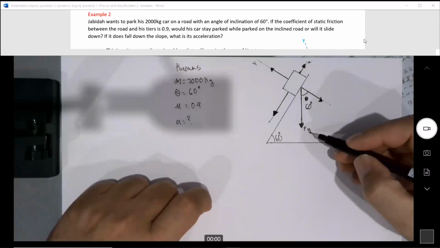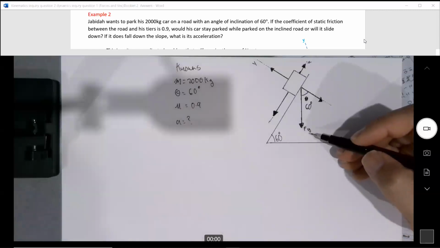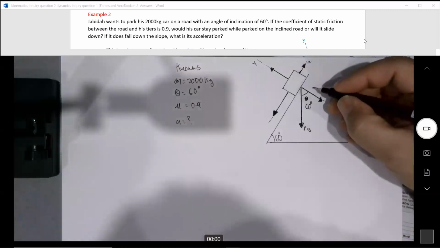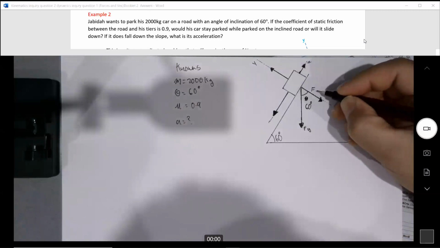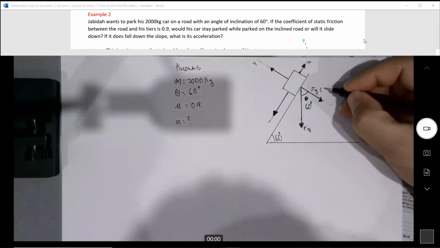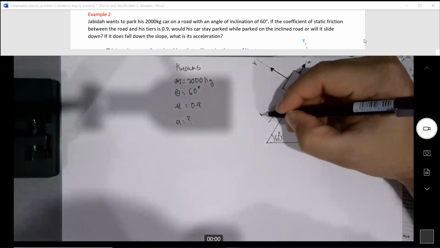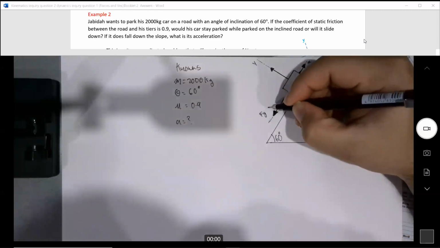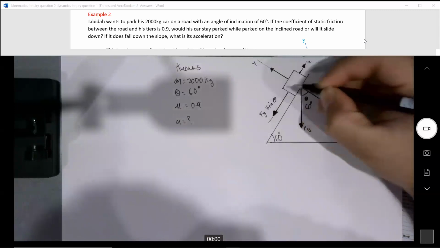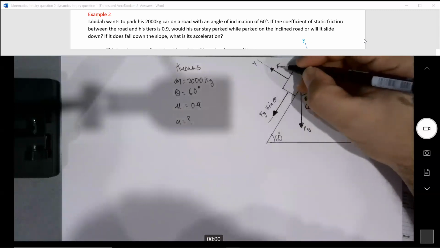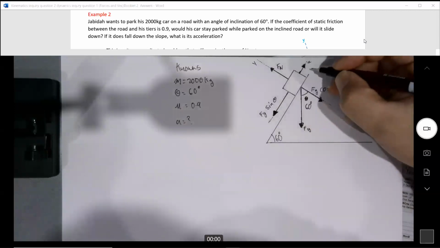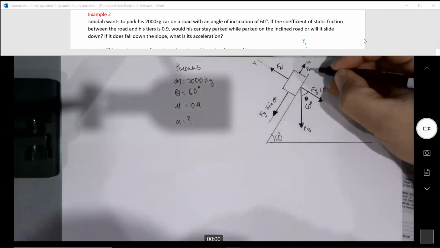Okay, so let's have a look here. We know that's Fg, which we have, and that this one over here is going to be the cosine component. This is going to be our sine component. This is going to be our normal force, and this is going to be a frictional force.